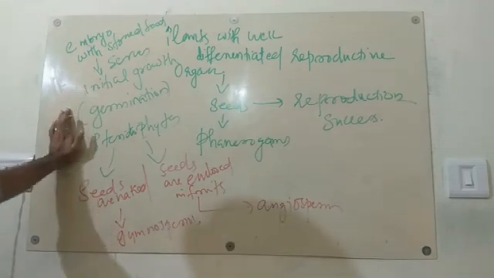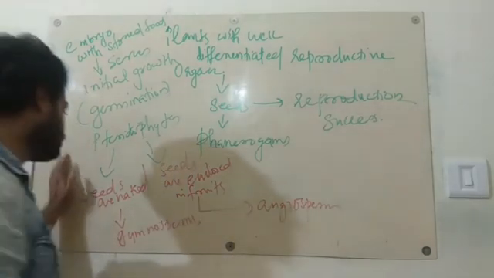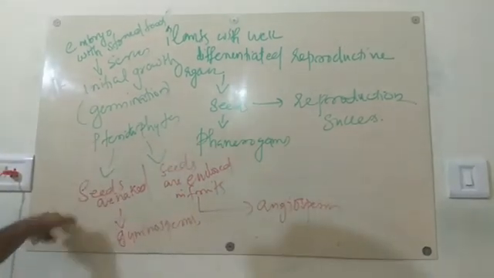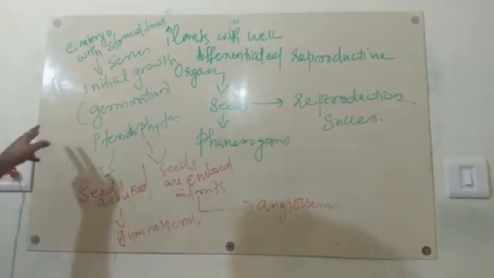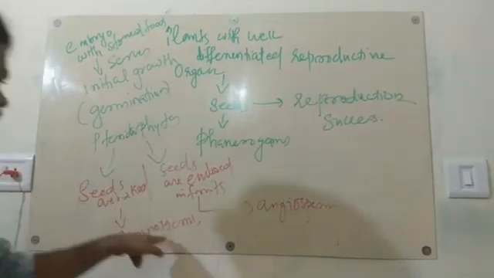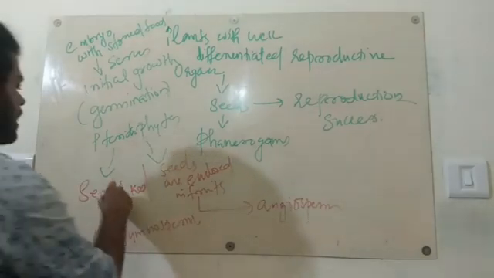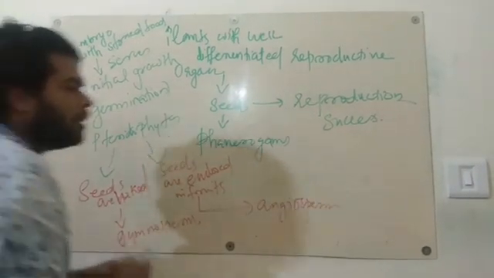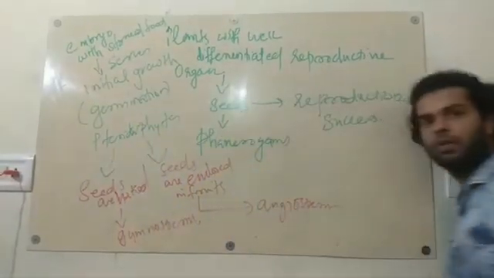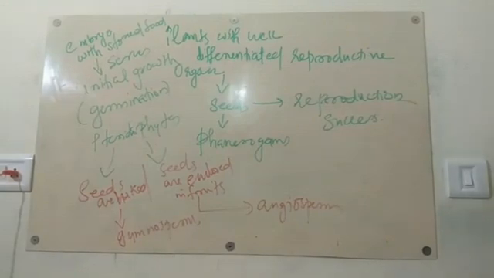According to the seeds, they are classified into two: plants whose seeds are naked are known as gymnosperms, and those whose seeds are enclosed in fruits are known as angiosperms. So you can write.